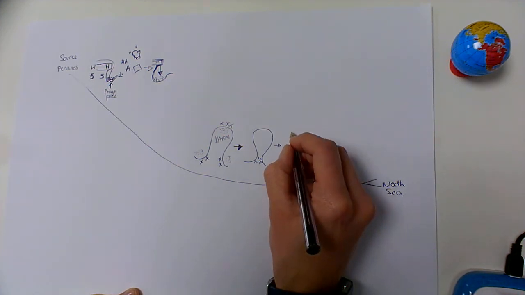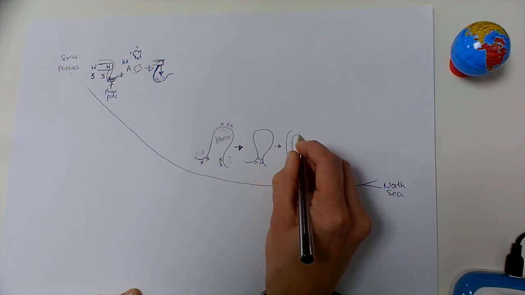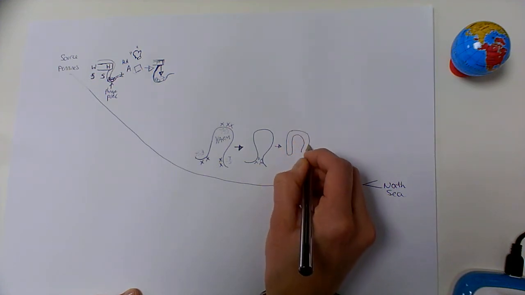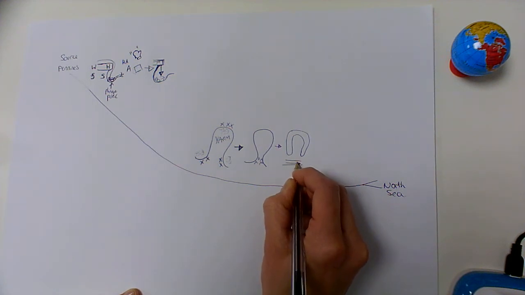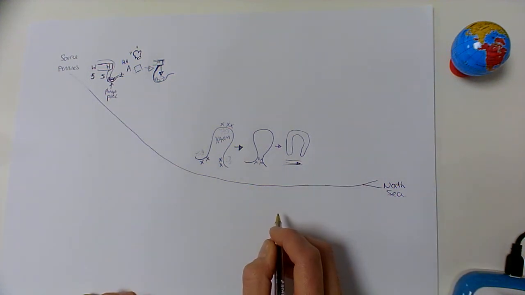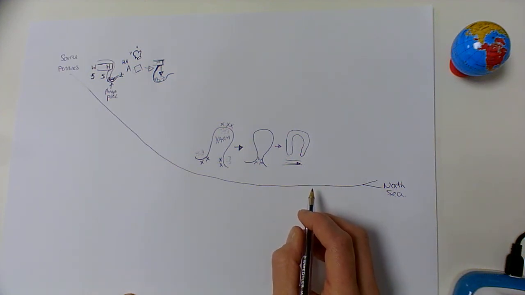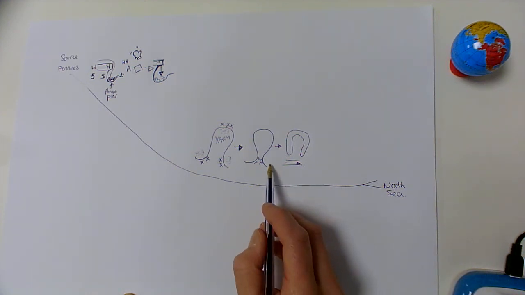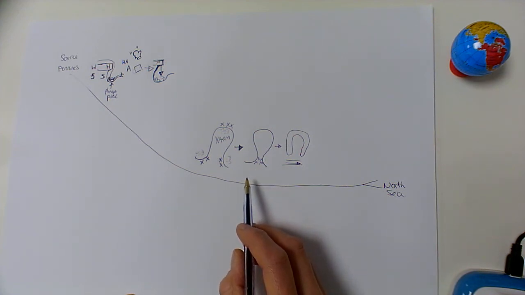Eventually, the river will break through, and what will be left behind as the river takes the shortest course is an oxbow lake, and that will be repeated time and time again. And this is an example of deposition and erosion taking place to create a landform.